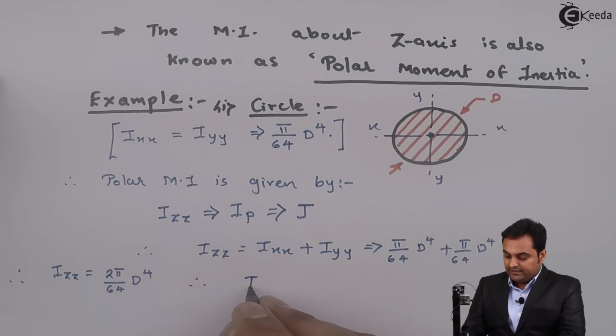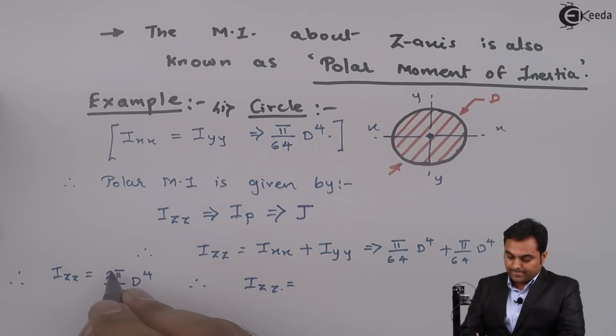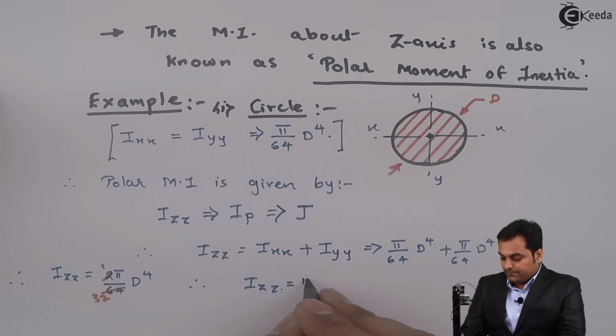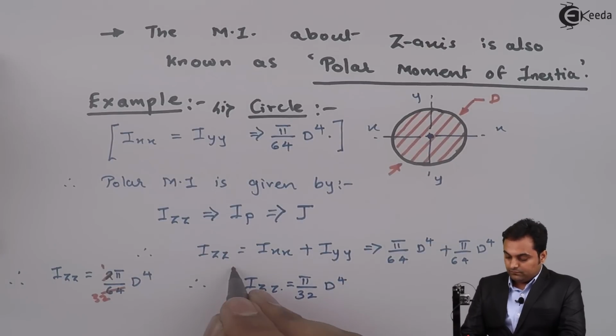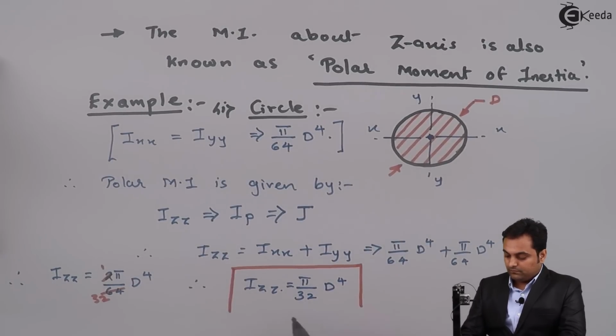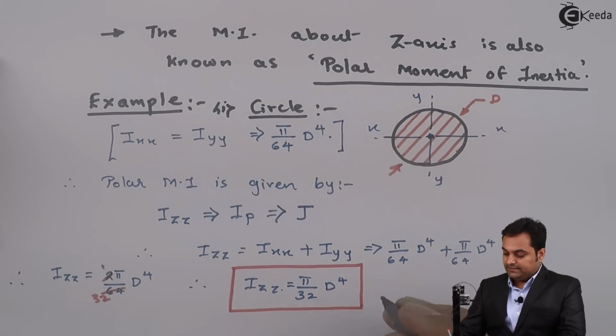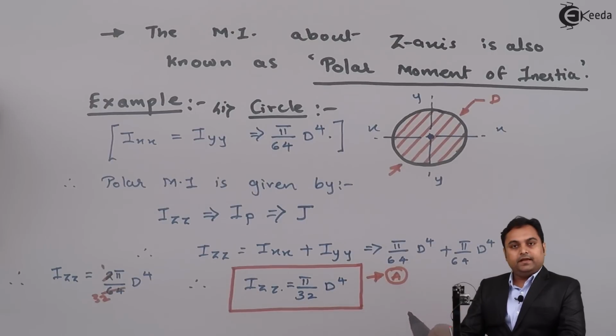So finally I get Izz is equal to pi by 32 D raised to 4, as the 2 gets cancelled out. So here I can say that this equation A gives the polar MI of a circle.